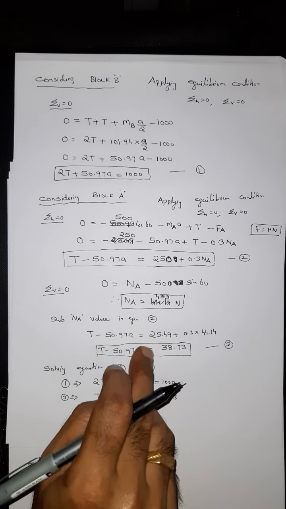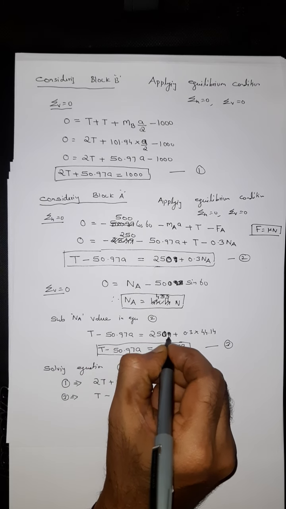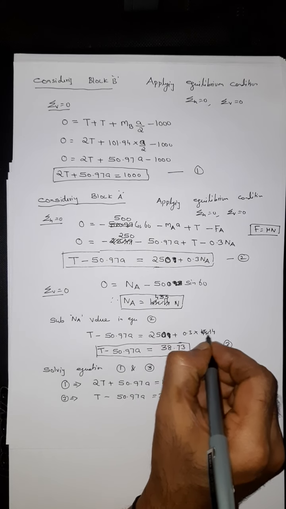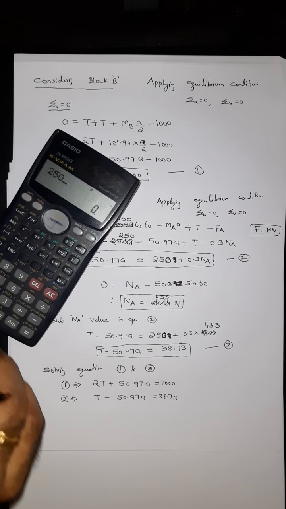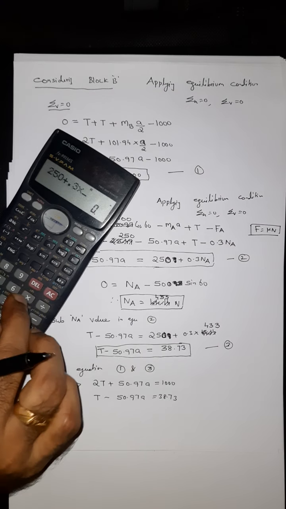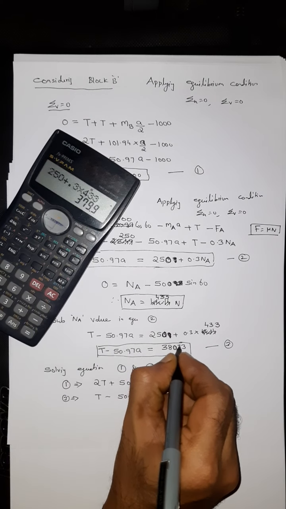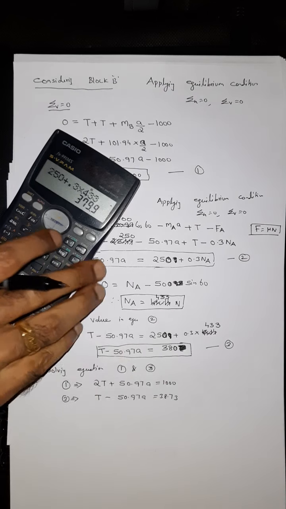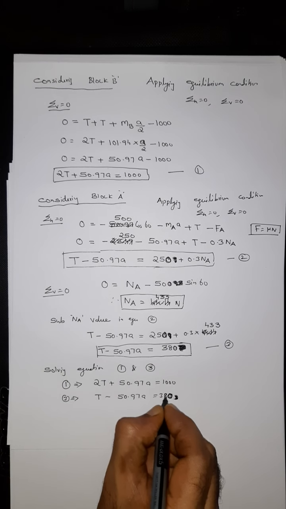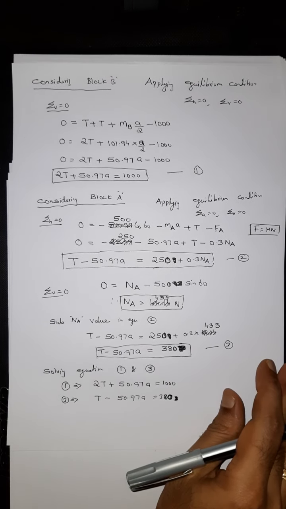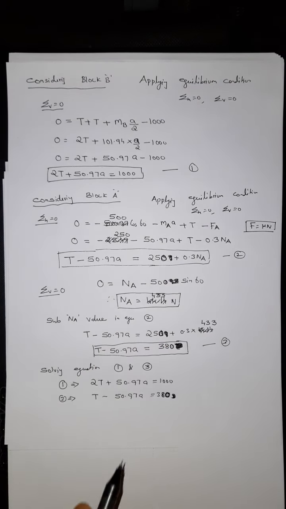So T minus 50.97 A equals 250 plus 0.3 into 433, which is 380. You have to be very careful while substituting the values, and don't get confused between substituting the value of weight or mass.